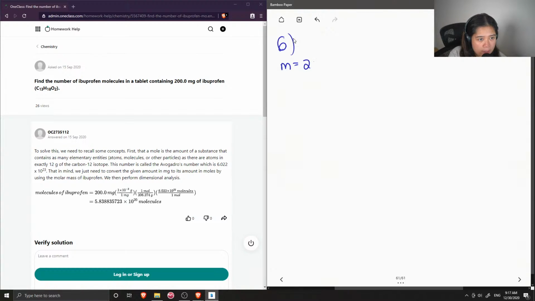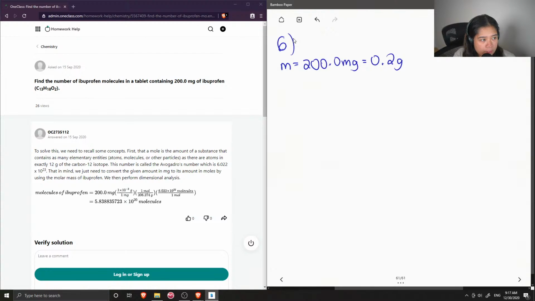We're given the mass of ibuprofen, which is 200.0 milligrams. But I will convert it to grams just to make it easier for my calculations in the future. I'm just going to write 0.2 grams.